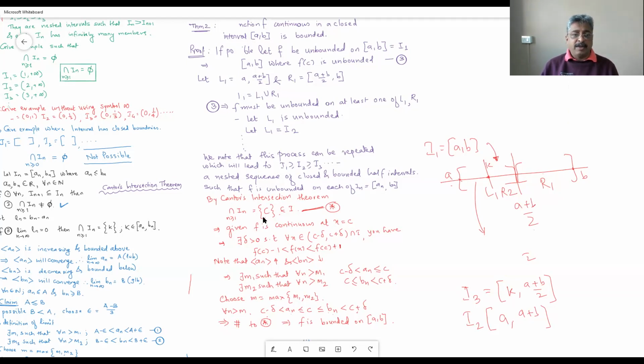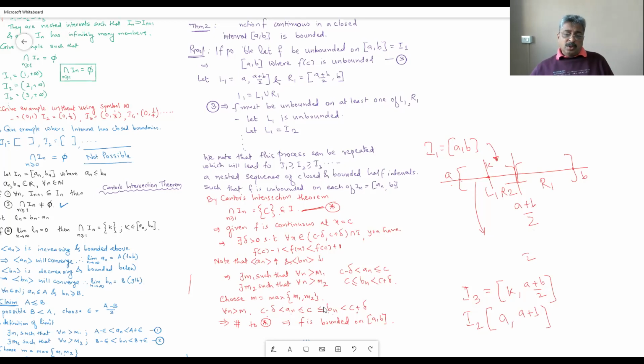It is not empty set, it is singleton, and we could catch hold of c, right? Now what we are trying to show here, because the function is continuous, is that the set an comma bn that you have produced is inside c minus delta to c plus delta.